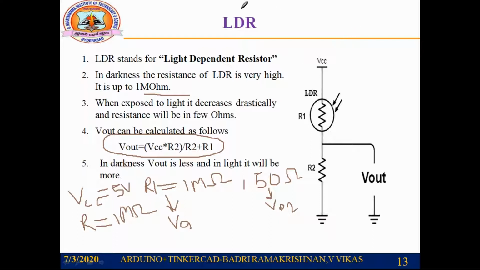Now let me ask you a question: whether VO1 will be high or VO2 will be high. Which one will be the bigger value? You just calculate and let me know. By substituting these values in the formula of V out, calculate VO1 and VO2. Okay, VO2 will be high.